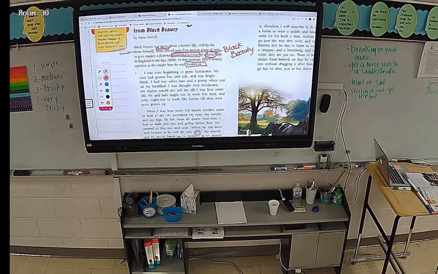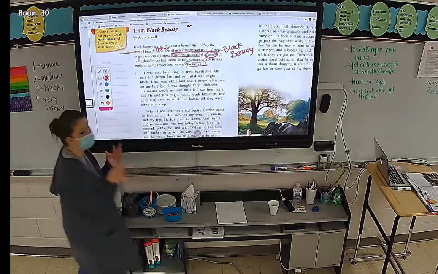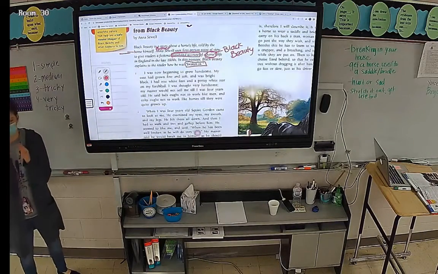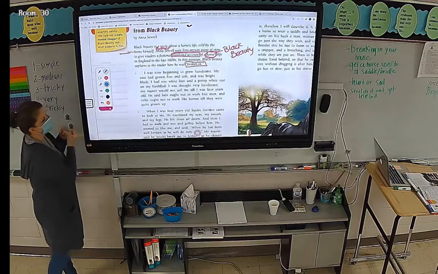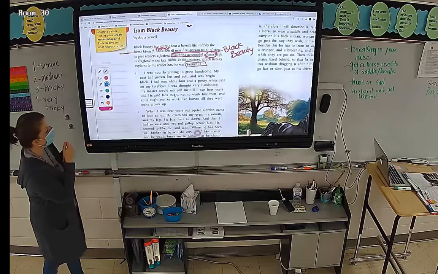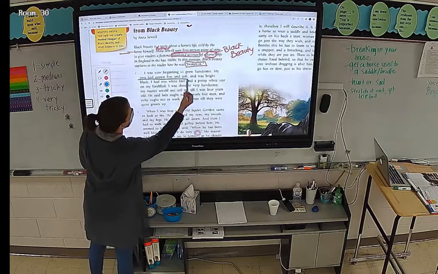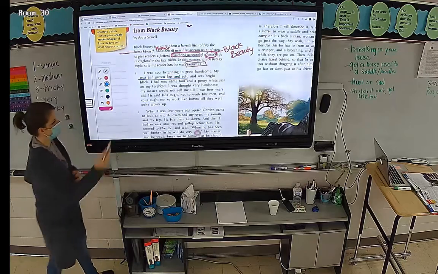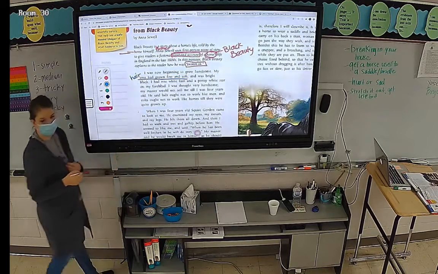Okay, so if I am looking at this and I'm trying to think about what would I see, I'm just going to kind of go down that sensory list. What would I see? Some things that I might see is a coat that had grown fine and soft. When it says his coat, it's talking about his hair or his fur.